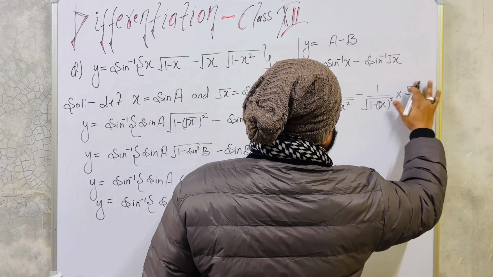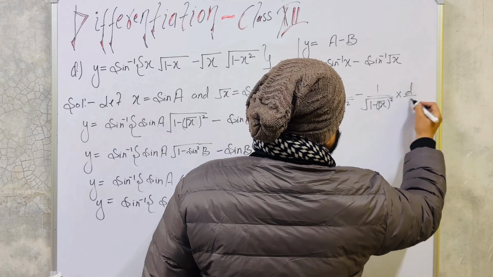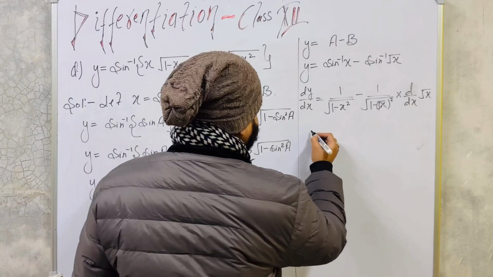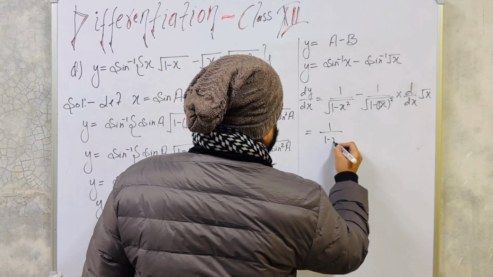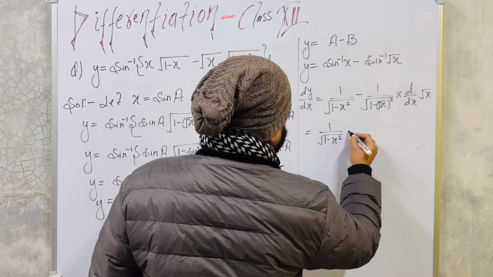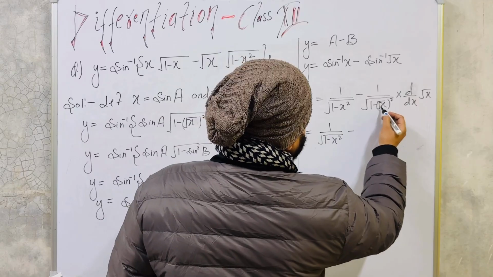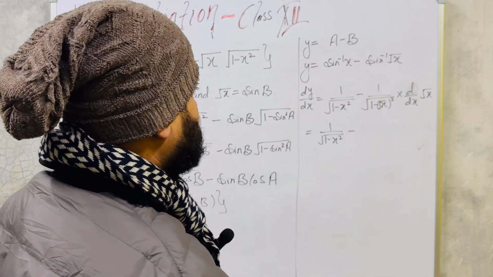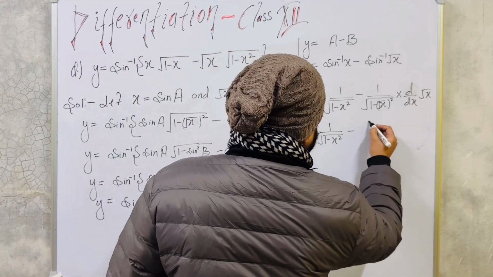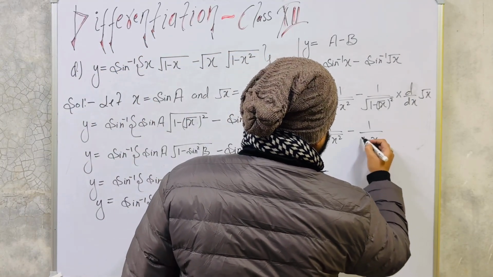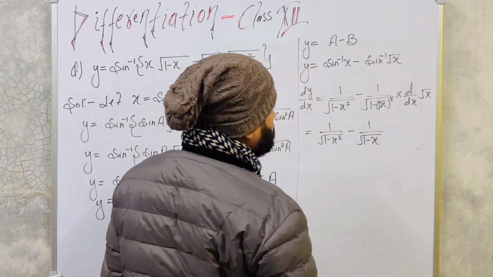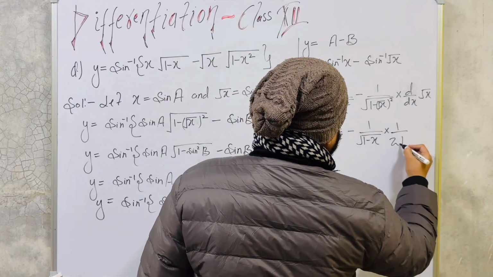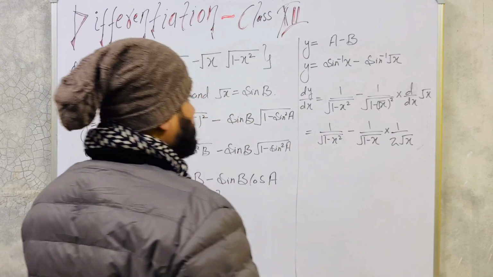Now 1 minus (under root x) whole square is 1 minus x, so it is 1 upon under root 1 minus x, into the differentiation of under root x, which is 1 upon 2 under root x.